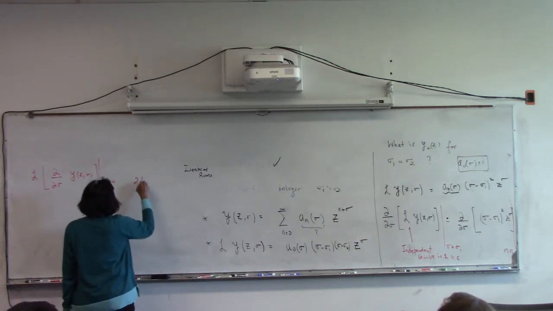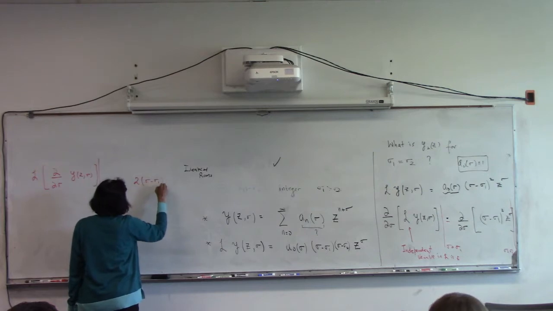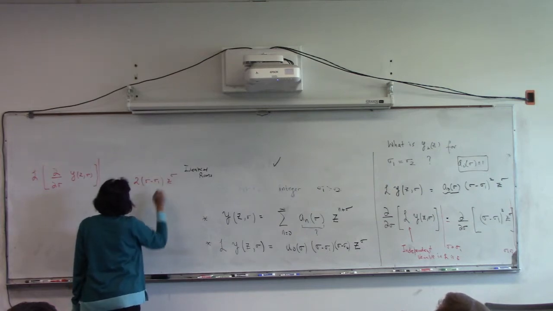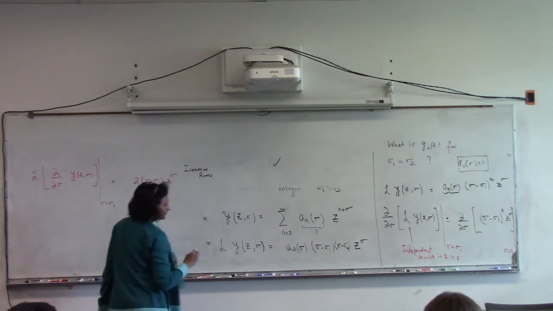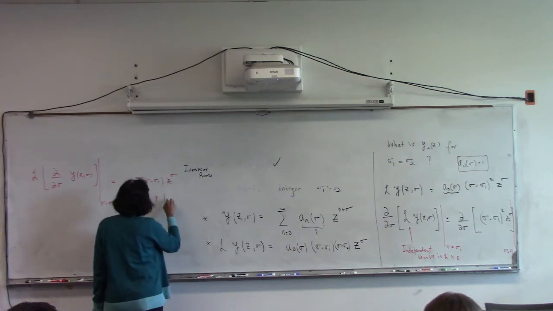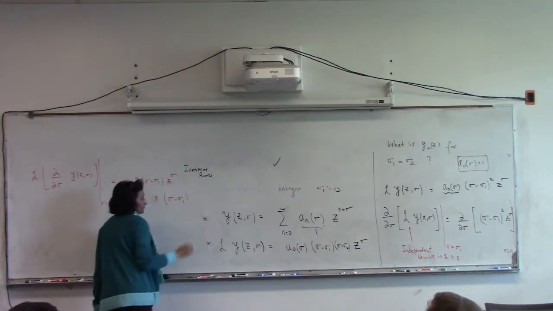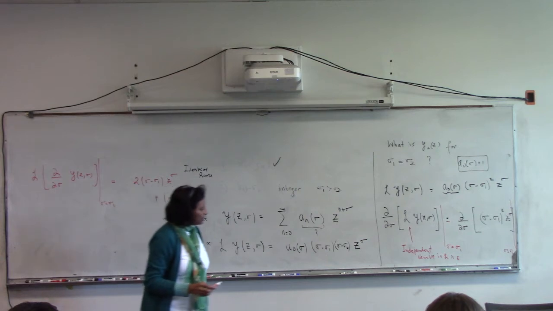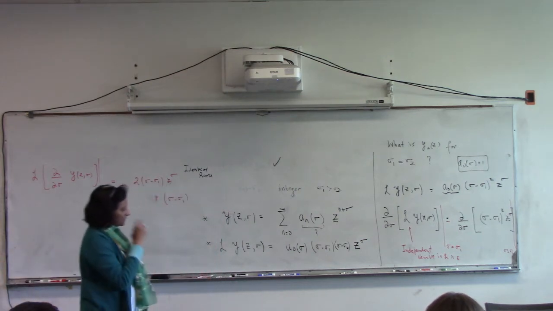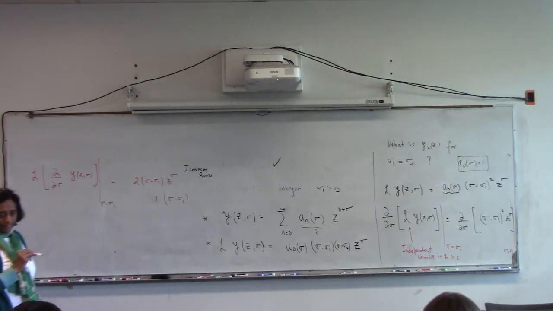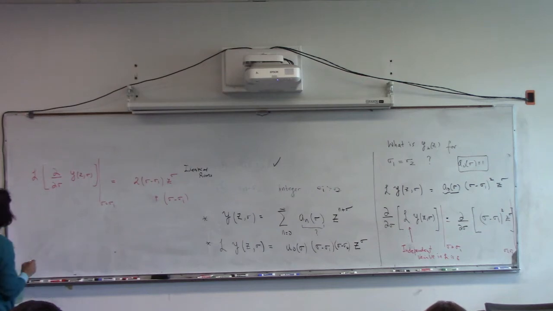Can I write it as plus, what is the other one? What is the partial of z to the power sigma with respect to sigma? What is that? Because what I'm differentiating is in the exponent.